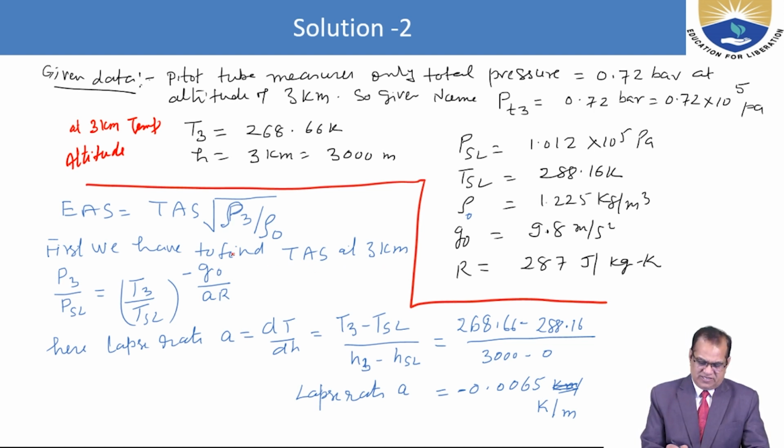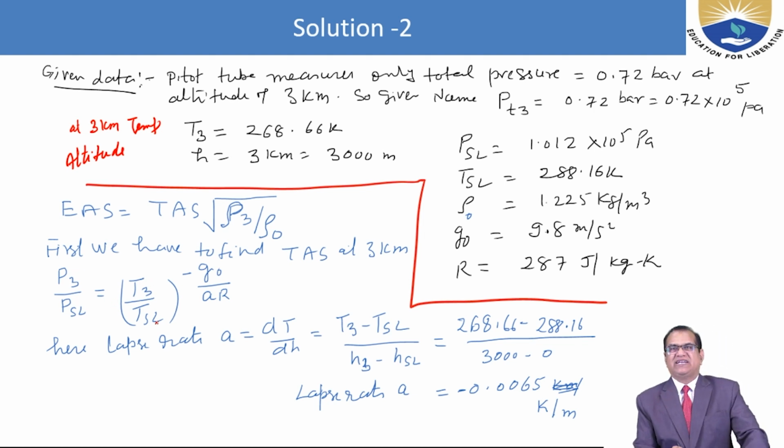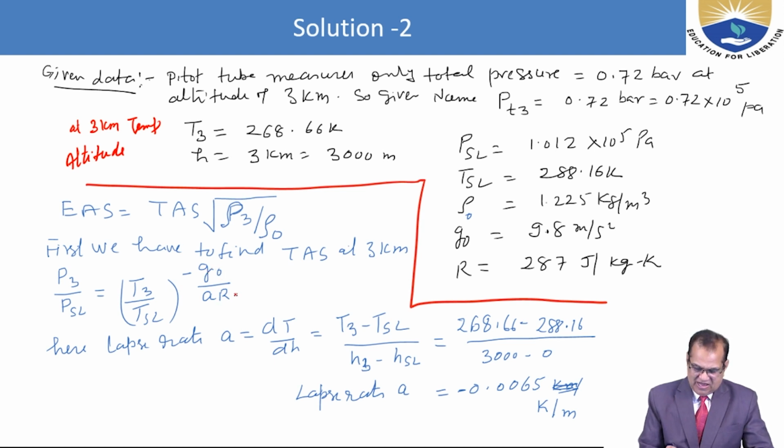So we know that P3 by PSL is equal to T3 by TSL to the power minus G naught by AR, where A is the lapse rate. We can define A as dT by dH, meaning the temperature difference T3 minus TSL divided by H3 minus HSL.